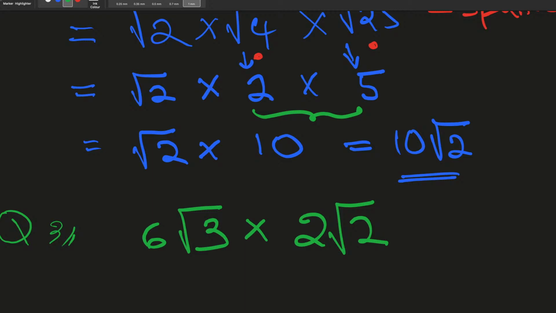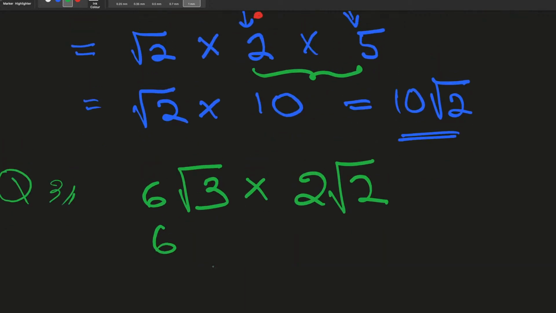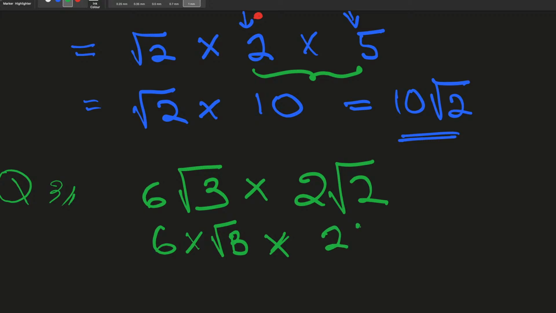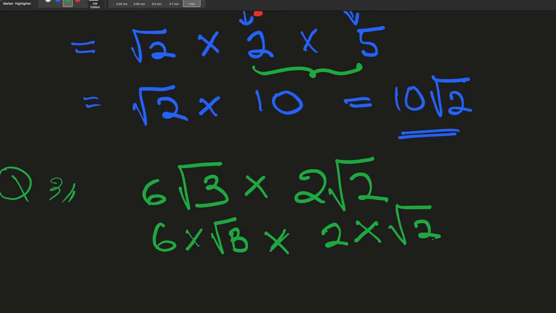We know right from the scribe that 6 is multiplying root 3, and 2 is multiplying root 2. Let me write it clearly.